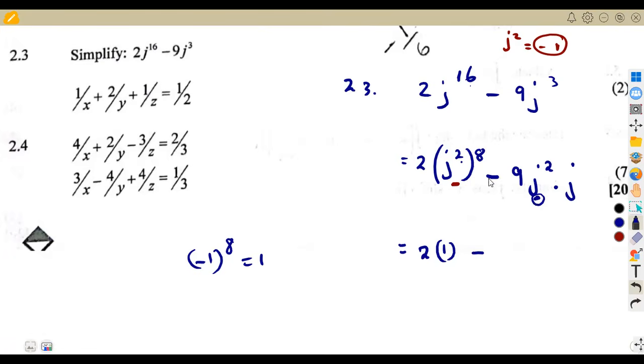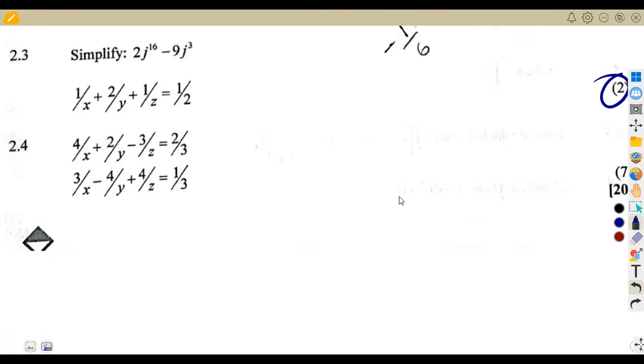Remember, j squared is minus 1, so it becomes positive 9j. So this was going to be 2 plus 9j at the end, and this cannot be simplified further. On 2.3, we are just told to simplify, not told to leave our answer in rectangular or polar, so 2 plus 9j is enough for 2 marks.